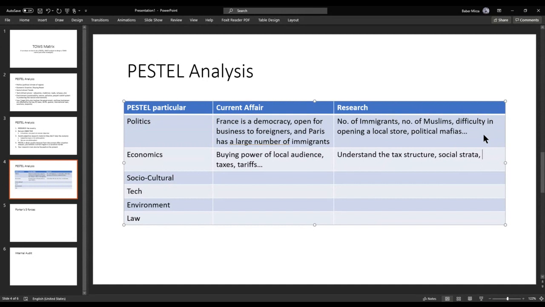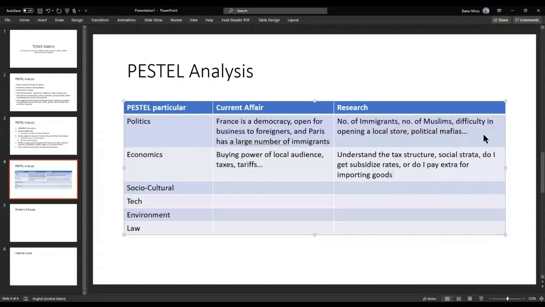I will research this social strata, or I would talk also about the economic situation. Do I have to pay any sort? Do I get subsidies, subsidized rates, or do I pay extra for importing goods to the country?